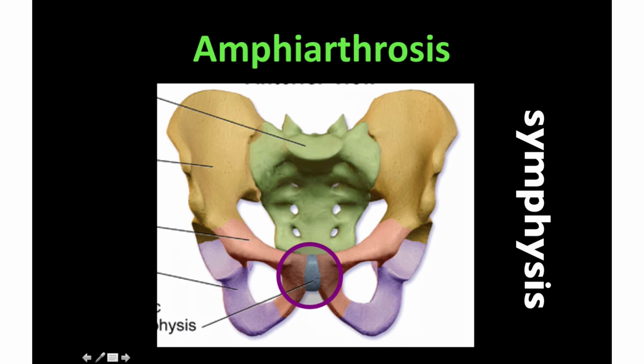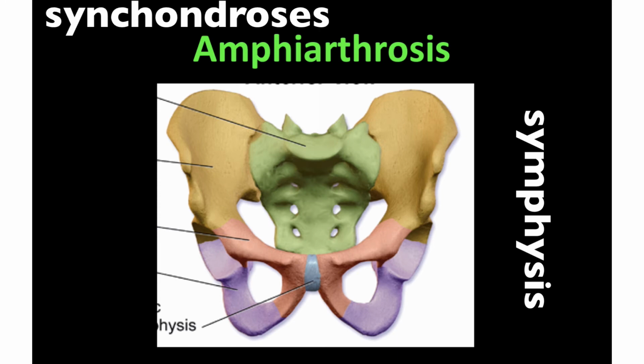And we also see a similar fibrocartilage that makes up the intervertebral discs found between each vertebra of the vertebral column. And there are also amphiarthroses known as synchondroses, which are the result of hyaline cartilage binding bone to bone. And a prime example of this is the first rib to the sternum, not the other ribs.